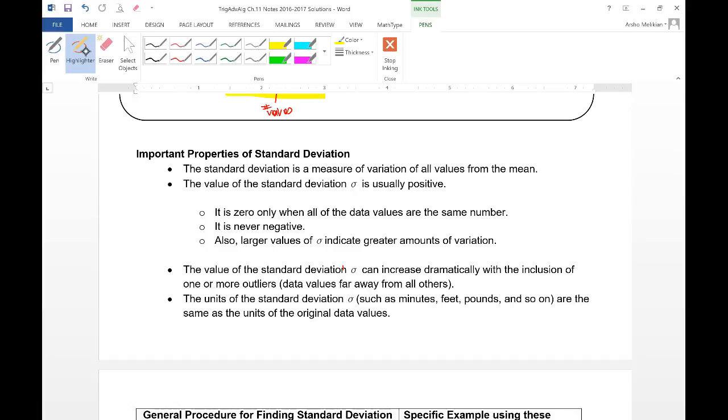So we're going to find the mean. We're going to take each test score, subtract the mean. Then we're going to square it. Then you're going to add up all of the numbers you squared. Then you're going to divide by n minus 1. Then you're going to take a square root.